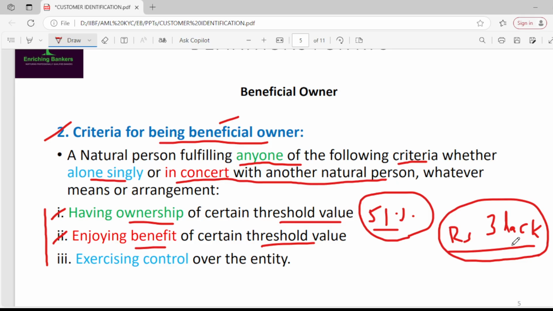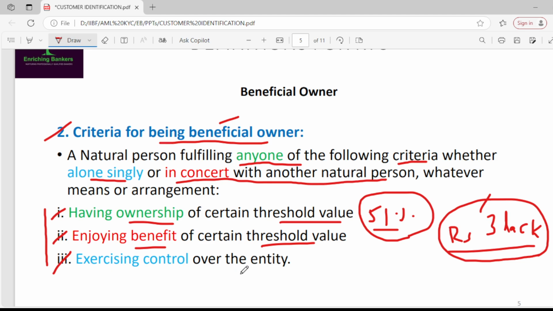So here 3 lakhs is the threshold value. Whoever gets that amount only gets the benefit of zero tax. In a similar manner, a natural person who enjoys benefit of certain threshold value can also be treated as a beneficial owner.